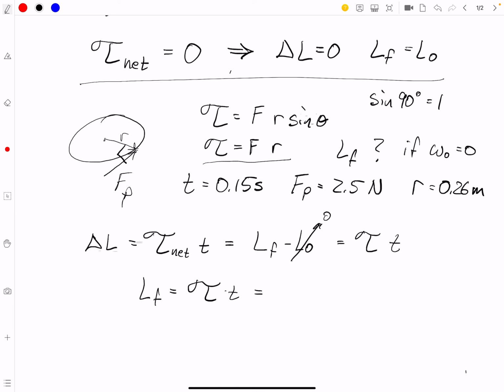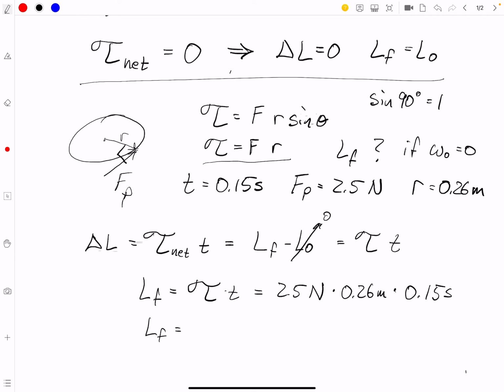And that's easy to figure out, 2.5 newtons times 0.26 meters times 0.15 seconds.